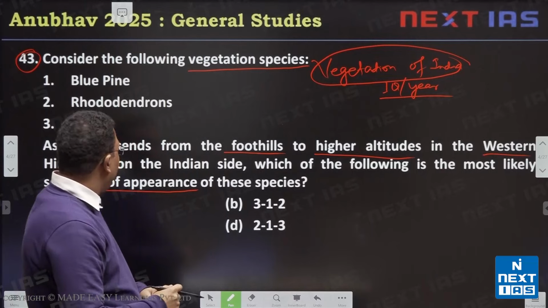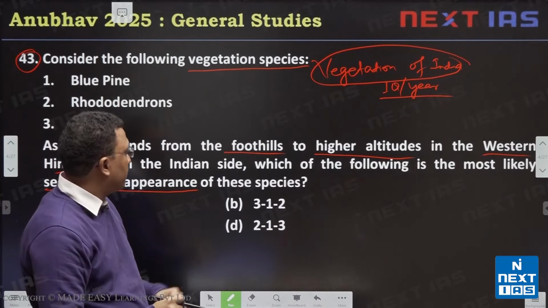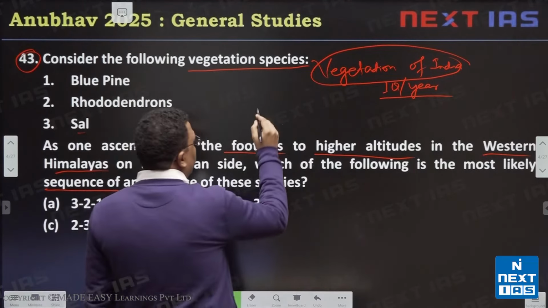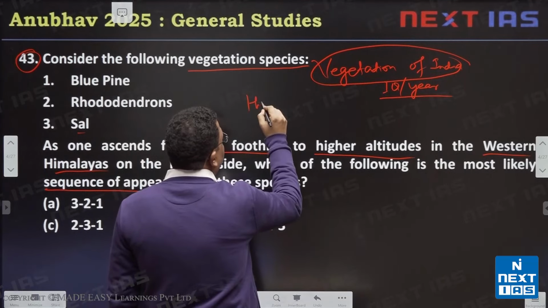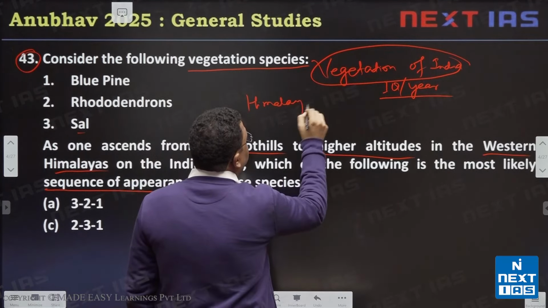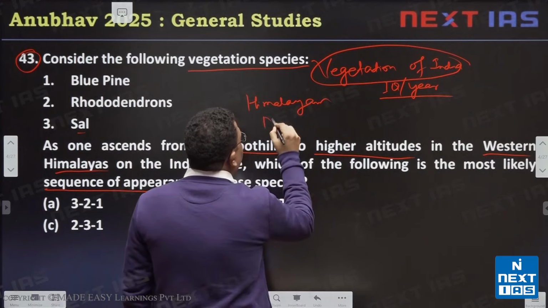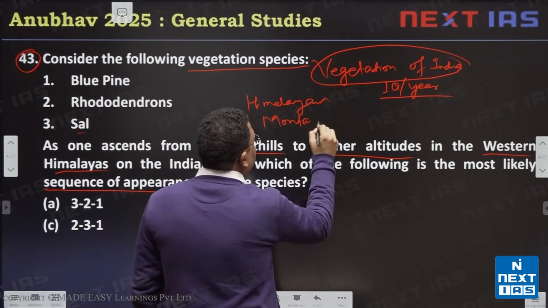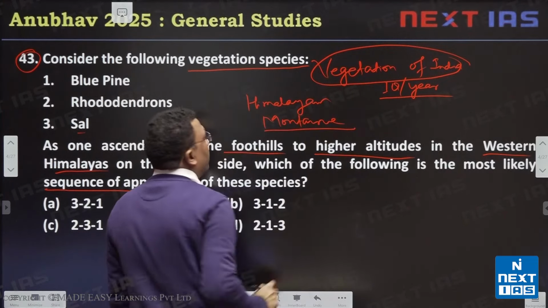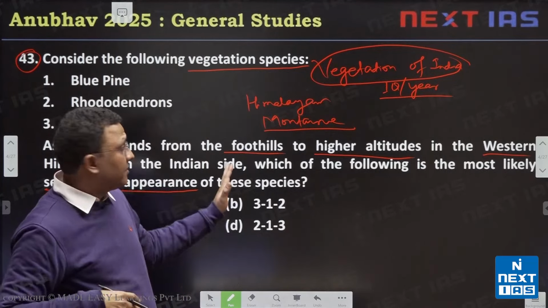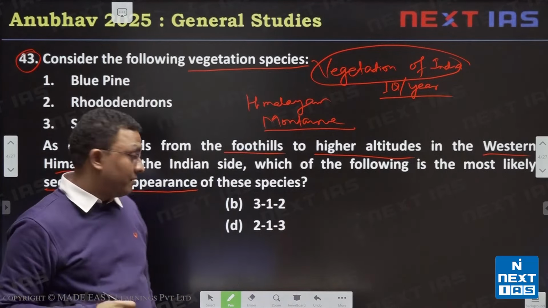So this is a question based on Himalayan vegetation, which is also called montane vegetation. Vegetation which is found in mountains is called montane vegetation.